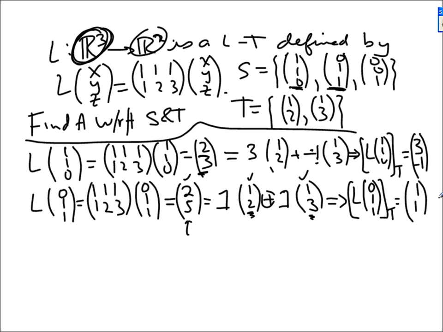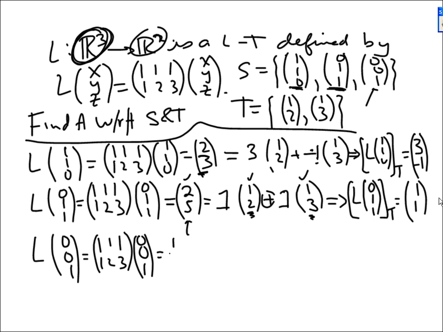Now I take L of the last vector in S. L of 0, 0, 1. Well, that's the matrix 1, 1, 1, 1, 2, 3 times 0, 0, 1, which is 1, 3. Now 1, 3, and we should have tried this with the 2, 5. 2, 5 was not a multiple of 2, 3. And 1, 3 is not a multiple of 2, 5 or 2, 3. That means we have to try to work it out. But you know what?